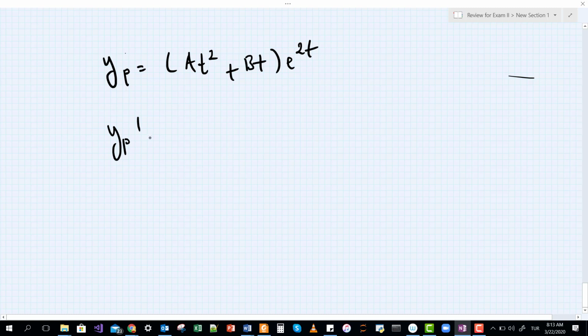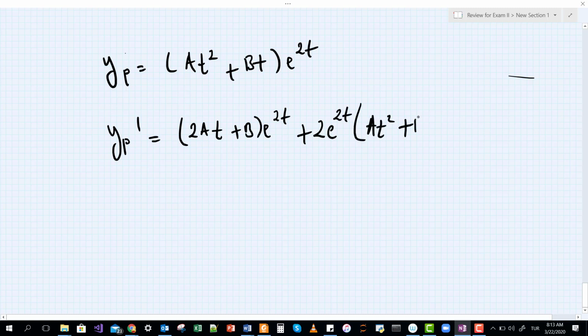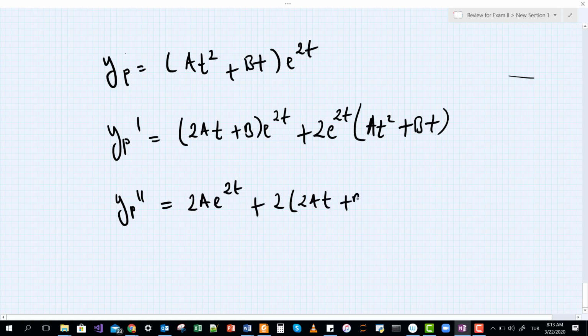I need to continue with this term. I'm going to take its derivative. So the derivative of this one is (2at plus b) times e to the 2t, plus 2 times e to the 2t times (at squared plus bt). My yp second prime is going to be equal to 2a e to the 2t plus 2 times (2at plus b) e to the 2t.